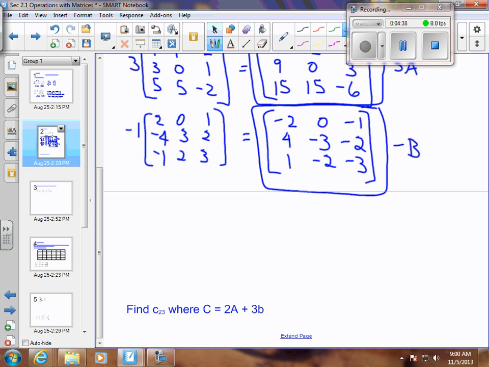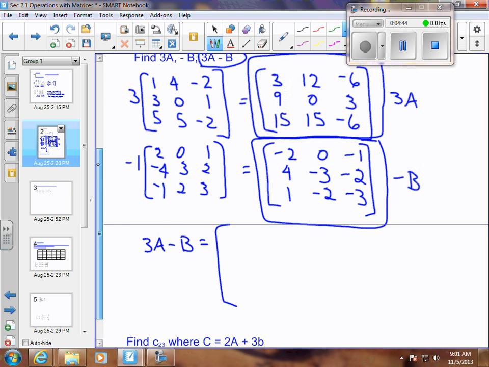So therefore, 3A minus B would be the matrix 3 plus -2, 12 plus 0, -6 plus -1, 9 plus 4, 0 plus -3, 3 plus negative 2, 15 plus 1, 15 plus negative 2, negative 6 plus negative 3.